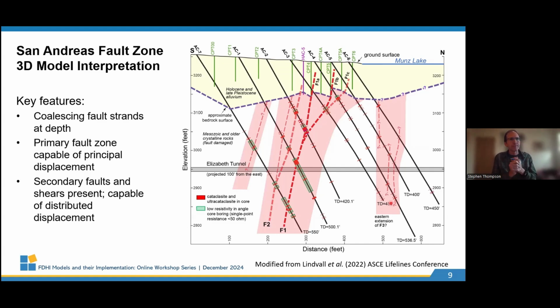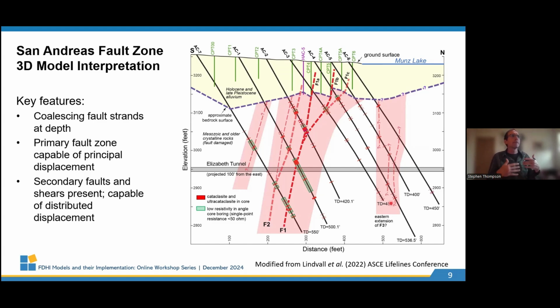One of the key logical steps that we make in this project is we tend to identify those primary fault zones and say these are the areas where we're expecting the principal displacement hazard to be. And if they're secondary faults and shears, we interpret those to be where distributed displacement is expected to be. Those are assumptions.